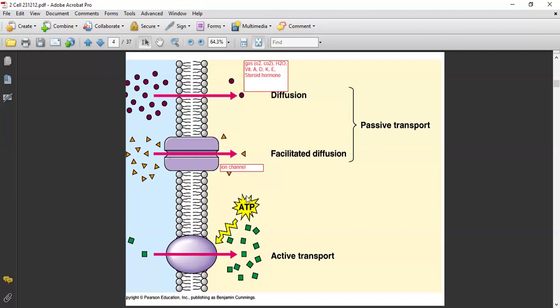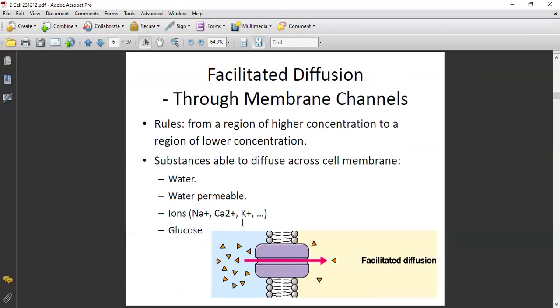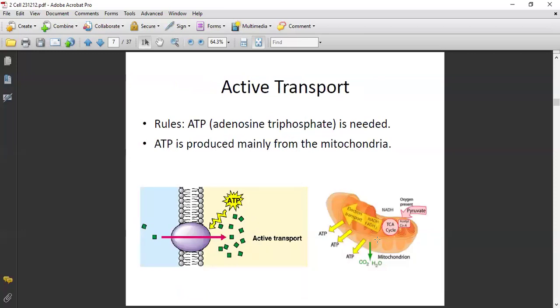For facilitated and active transport, you need membrane protein. For active transport, you need ATP. And we described where we get those ATP. We get those ATP from mitochondria. So that is the membrane portion.